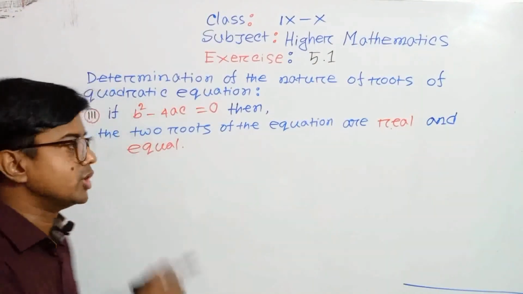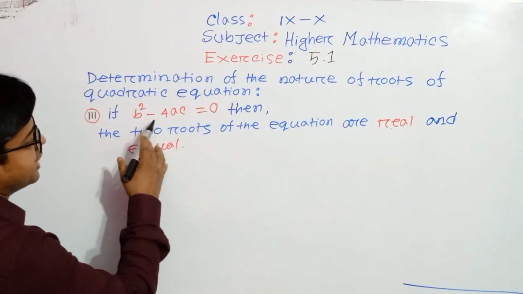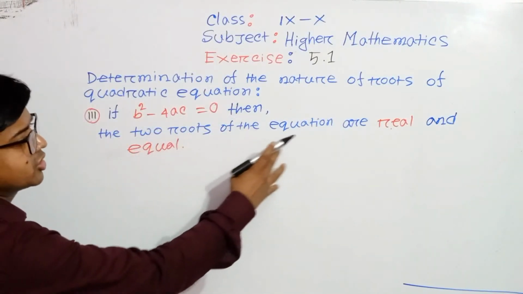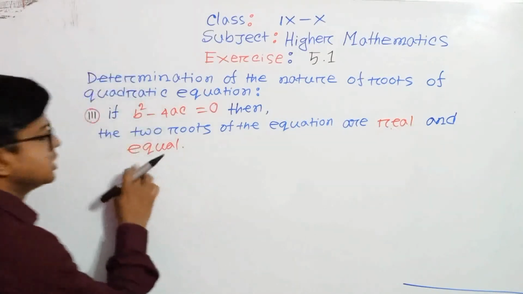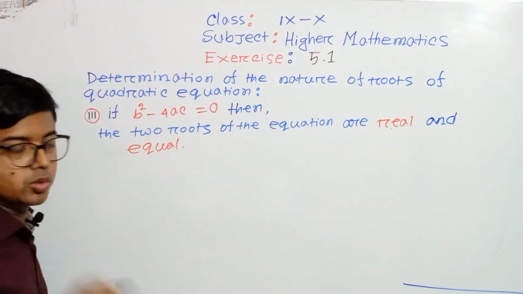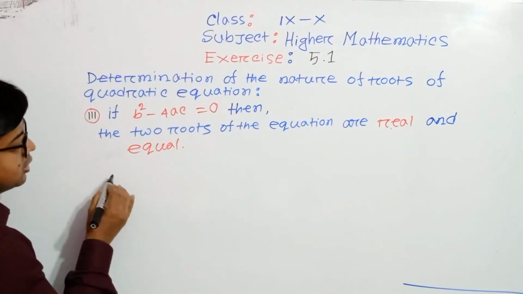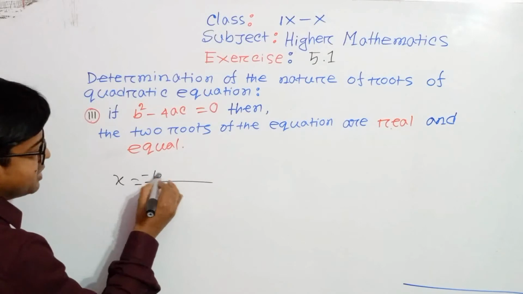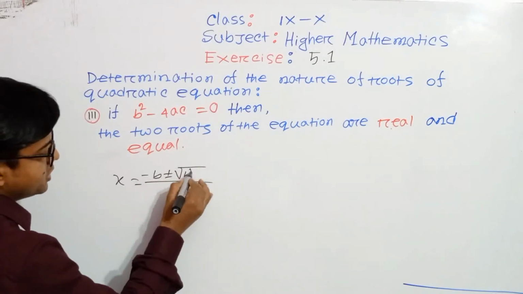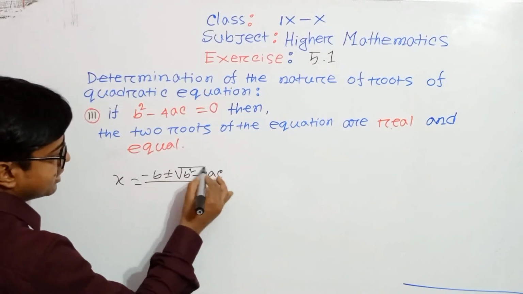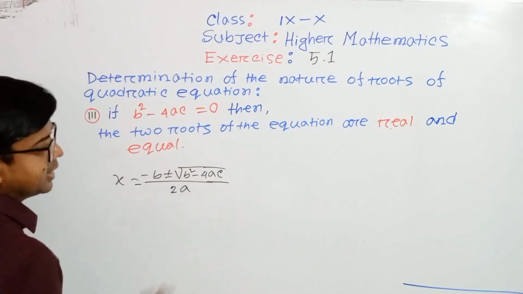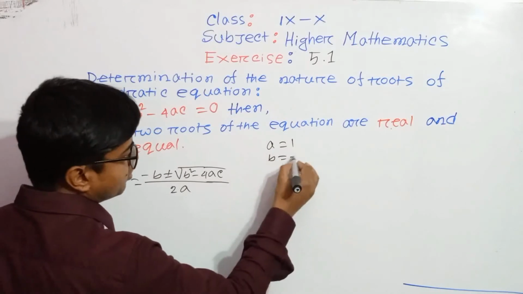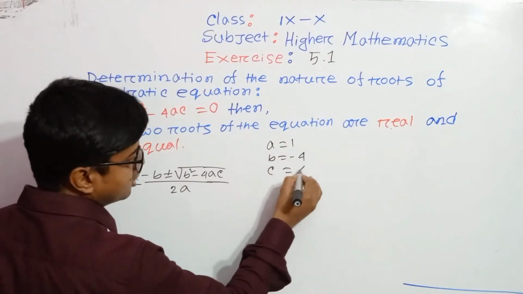Now condition number 3. If b square minus 4ac equals 0, then the two roots of the equation are real and equal. We know that the roots of a quadratic equation are x equals minus b plus or minus square root of b square minus 4ac, by twice a. Suppose a equals 1, b equals minus 4 and c equals 4.